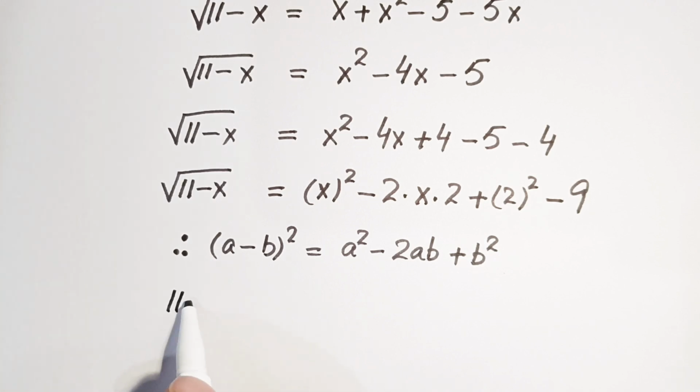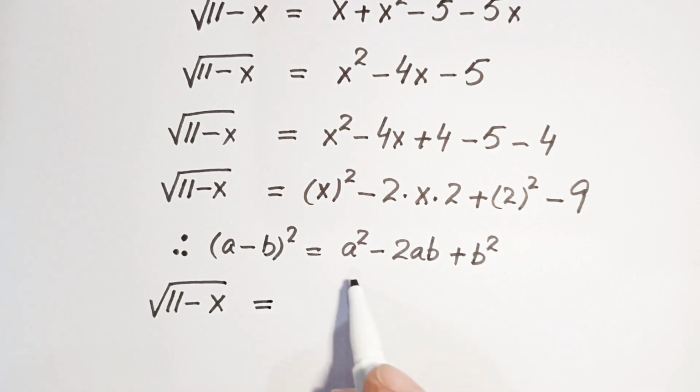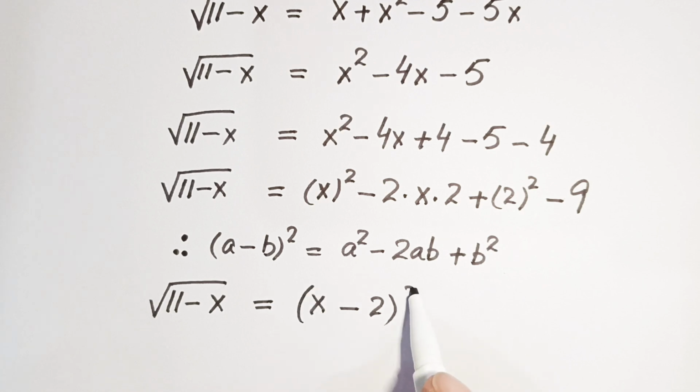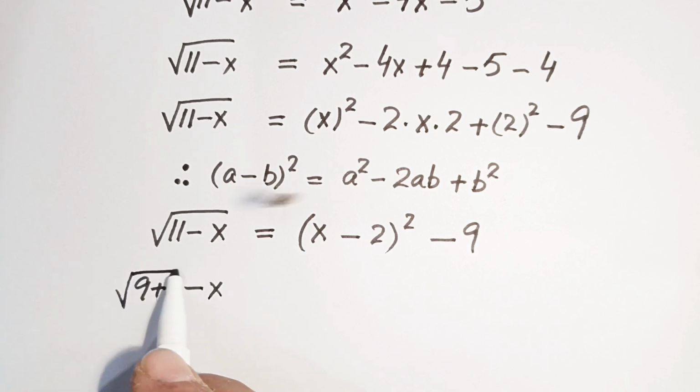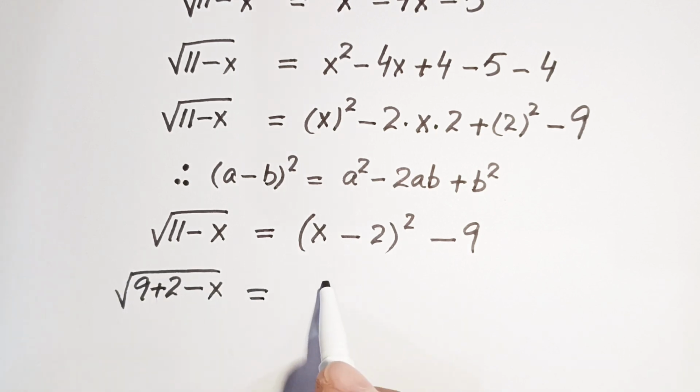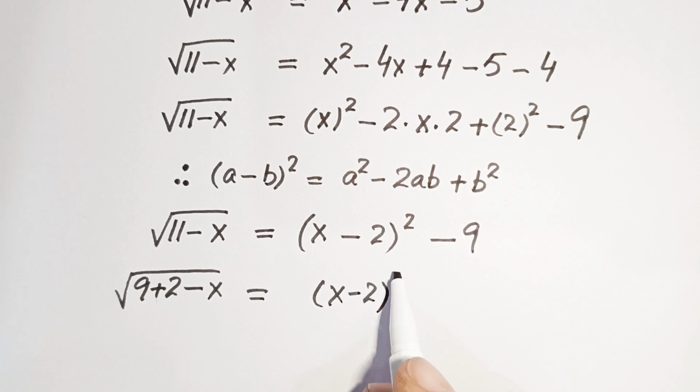Now (11 minus x) whole square root is equal to x minus 2 whole square minus 9.